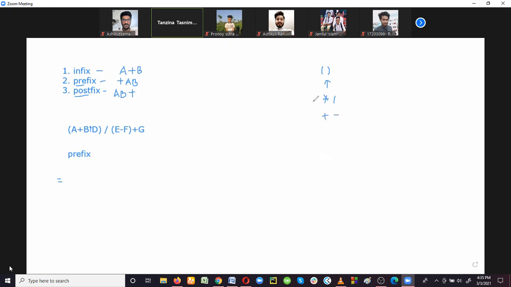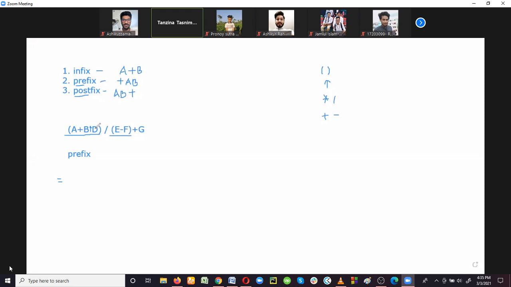This is the precedence list of the operators. So at first the operations inside the two parentheses will be executed: a plus b exponentiation d, and e minus f.